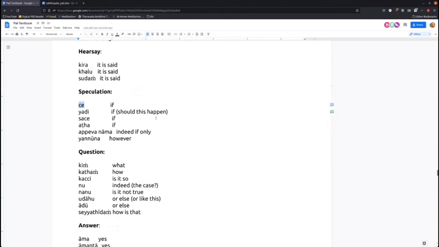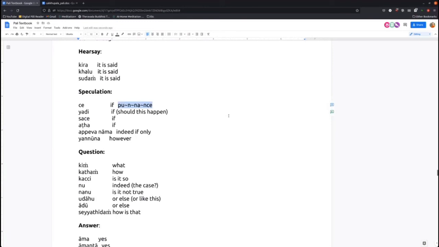Ce comes usually after the first word, so you'll say puññañce, this is puññam. Puññañce means if, and then it's going to say if a person should do merit. Puñña meaning goodness. If someone should perform goodness, then they should do it again and again.